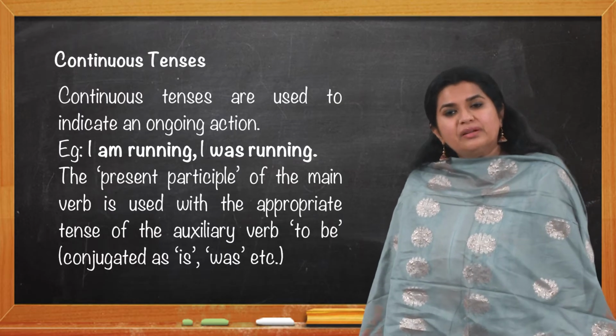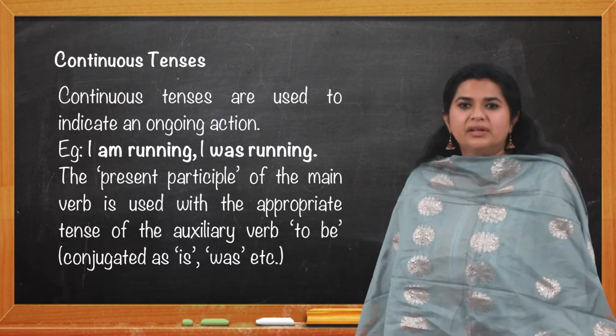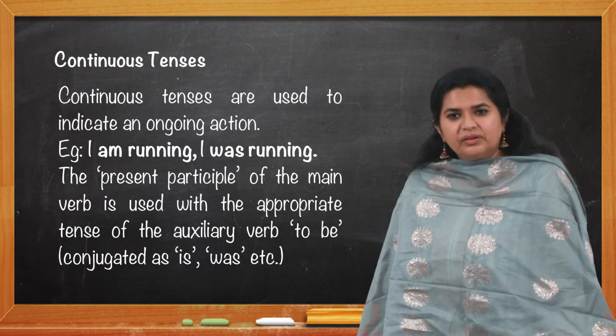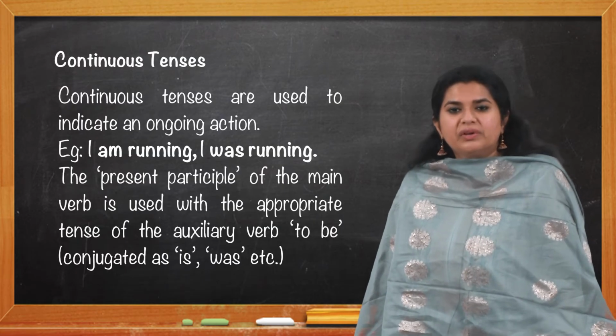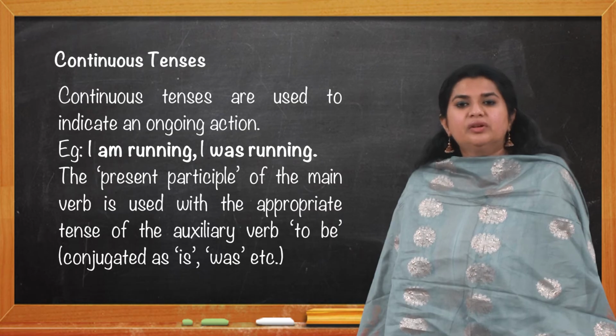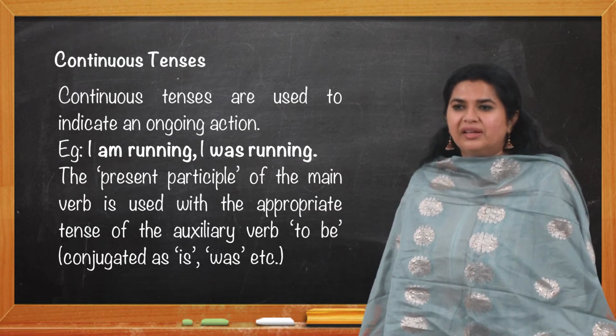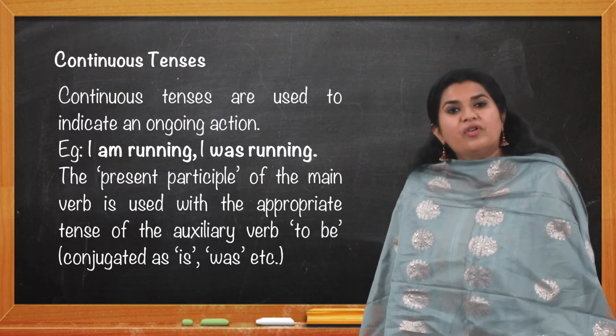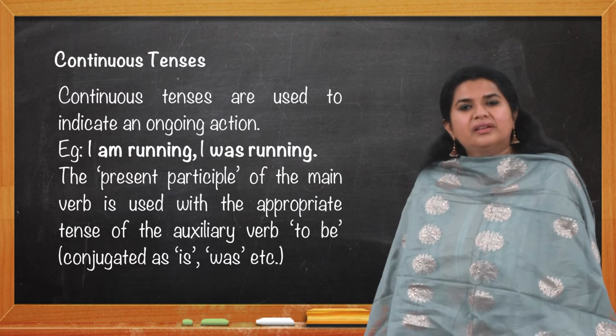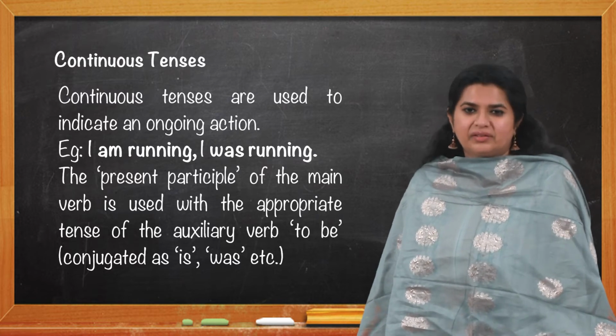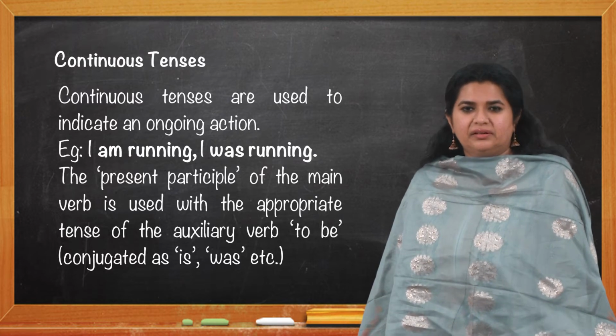So, the present participle of the main verb in this continuous tense is used with the appropriate tense of the auxiliary verb to be. Be we have already seen in one of our earlier classes. The forms of be, is, am, are, were, etc., auxiliary.